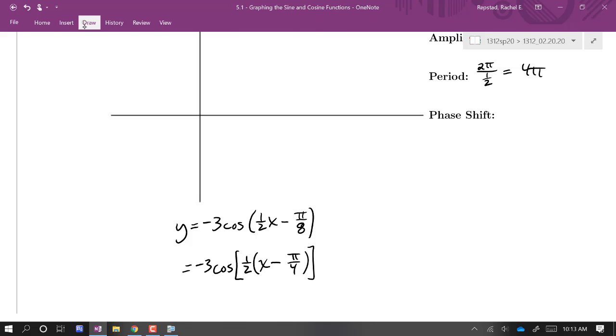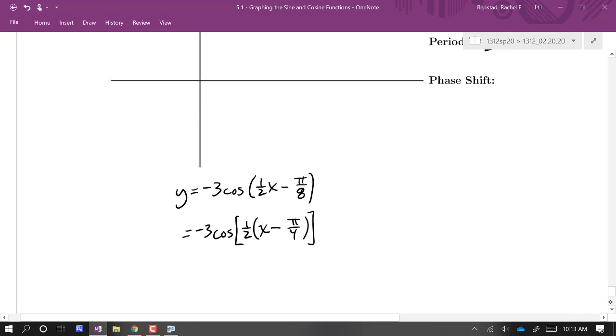Alternatively, if you're ever struggling with figuring out what you end up with when you factor that out, b is just the coefficient for x, so you can do it as a fraction. You can always just set up the equation: 1/2 times something gives you pi over 8.